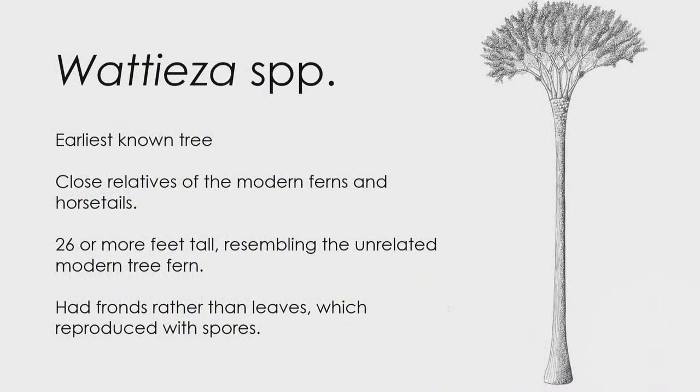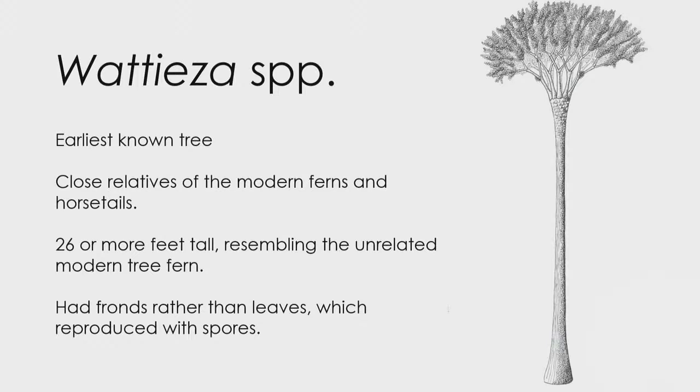An example of this group of plants is the Watiza, probably mispronouncing that. Earliest known tree, close relatives of modern ferns and horsetails, 26 or more feet tall, resembling the unrelated modern tree fern. Had fronds rather than leaves, which reproduce with spores.